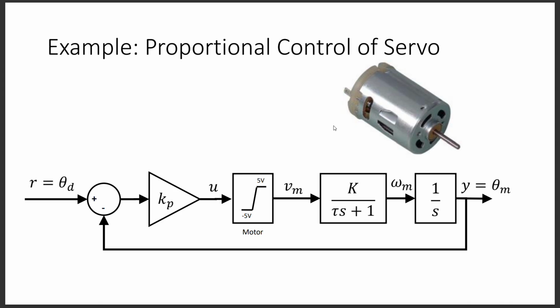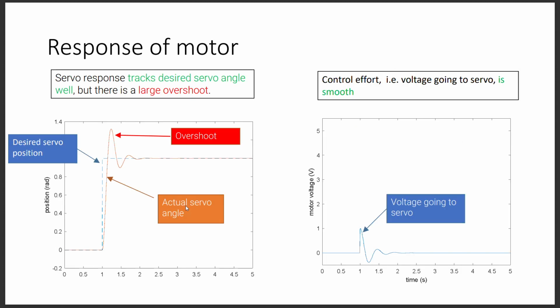Let's see an example. This is based on the lab that we have. We have the servo system in the lab. It's a first order system if you want to look at the speed. If you want to look at the position, it's a second order system. Now we want to have a proportional controller.